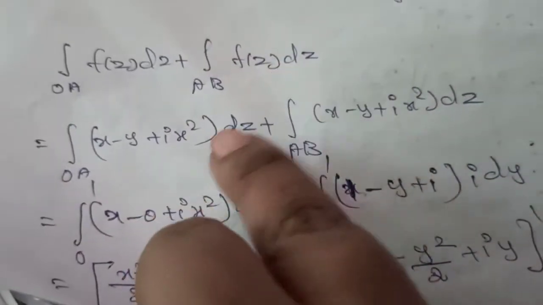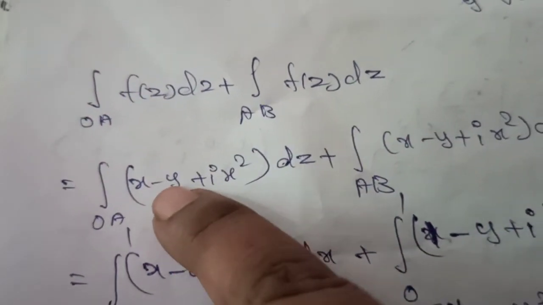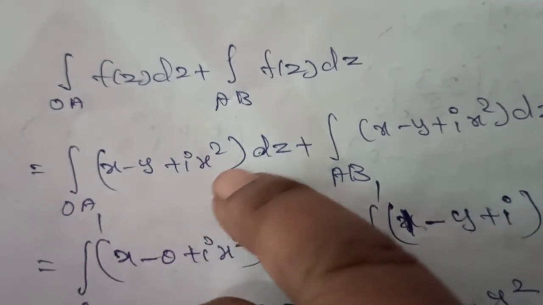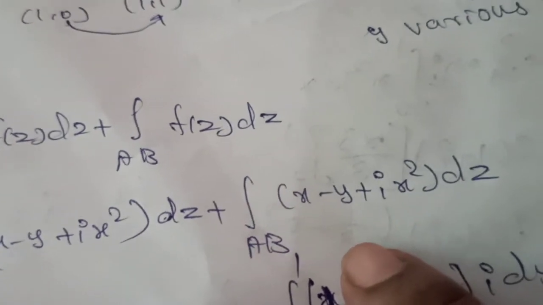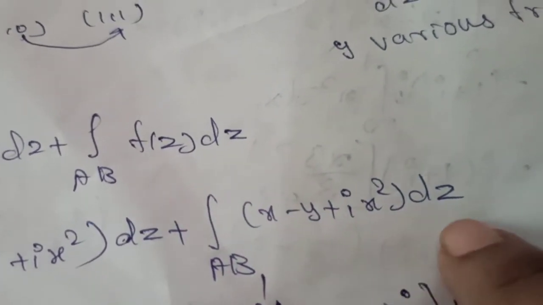Next, substitute the f(z) value given in the problem: the integral along OA of (x minus y plus i x squared) dz plus the integral along AB of (x minus y plus i x squared) dz.